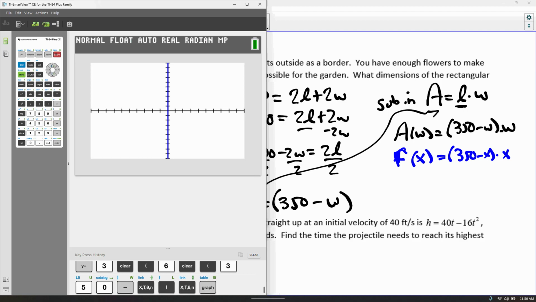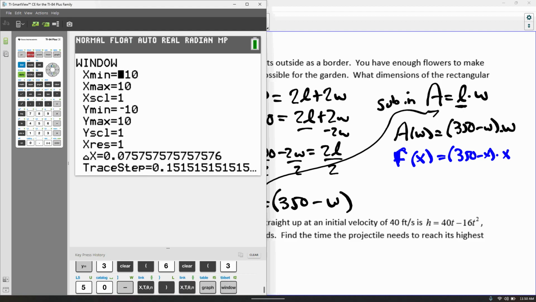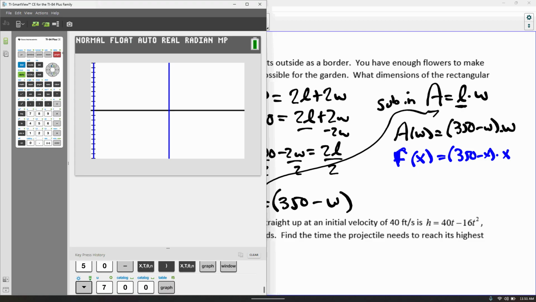Now, let me show you the trick that shook the world this morning. Nora was in here. I showed her how to do this. So we went to our window, and we knew our fencing was not going to be more than what? 700 feet in width. So we went ahead and picked the 700 to be the widest it can be. That's if it was completely stretched out.